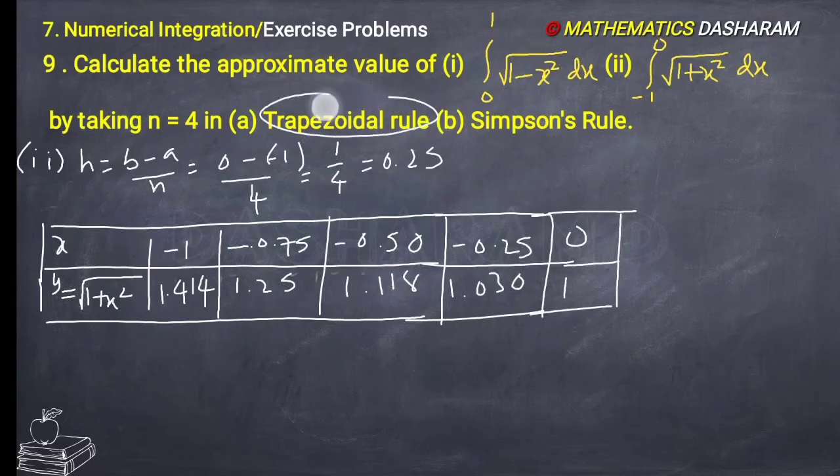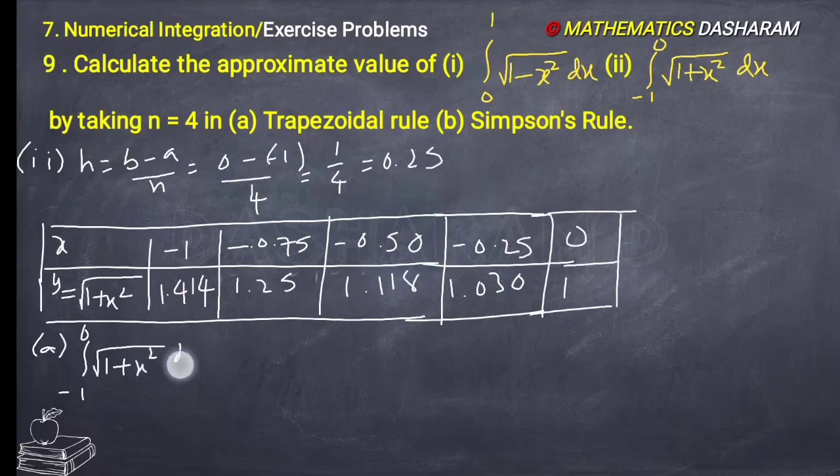Now first trapezoidal rule. So integration minus 1 to 0, the root of 1 plus x square dx equals to h by 2 bracket of here y0, y1, y2, y3, y4.